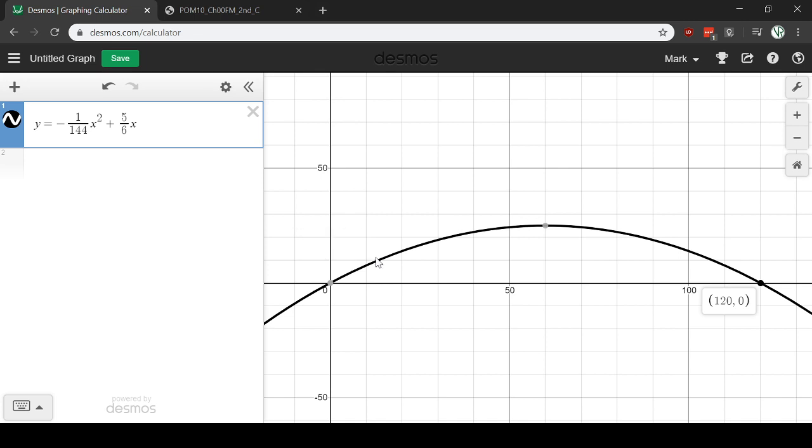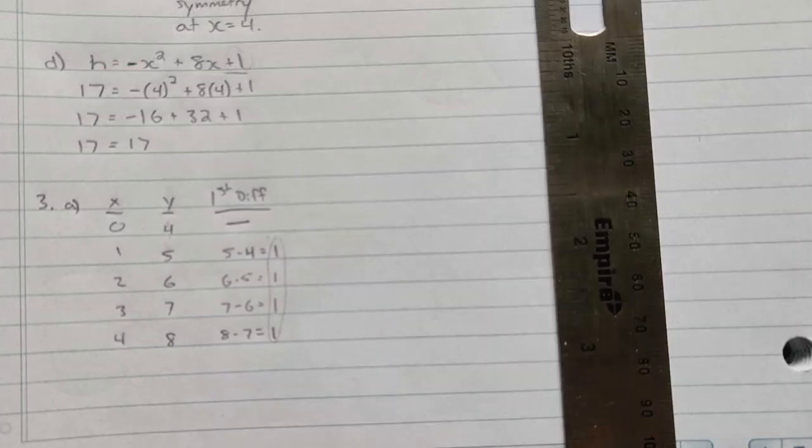The other way is to substitute the value into the equation. We want to know the height 12 meters from one end.